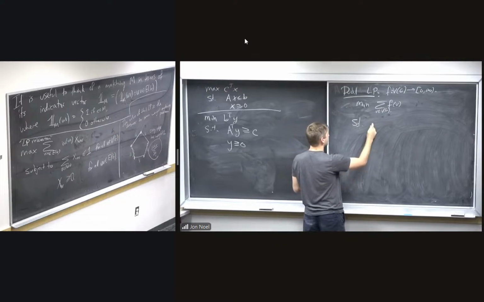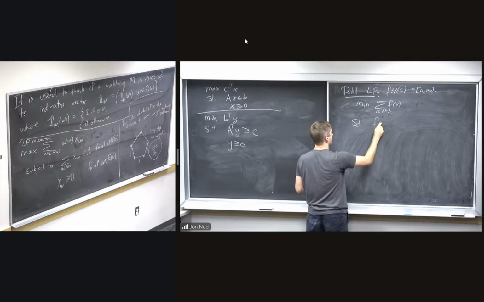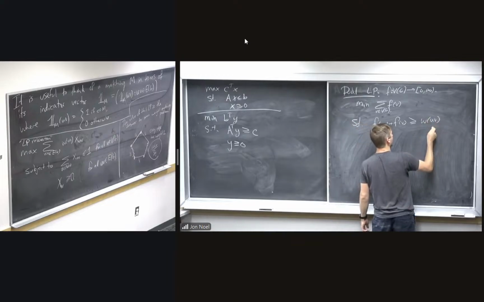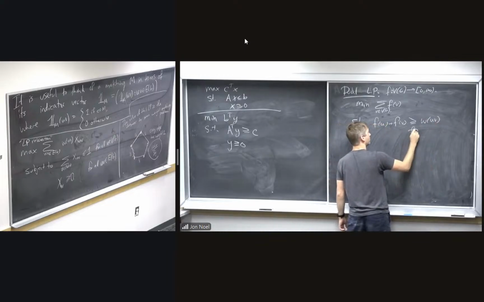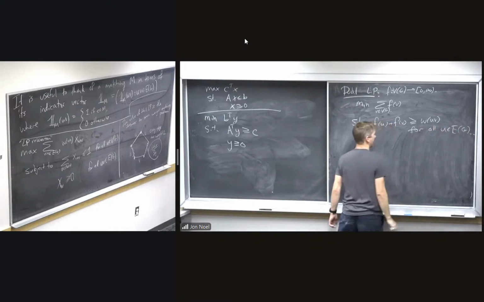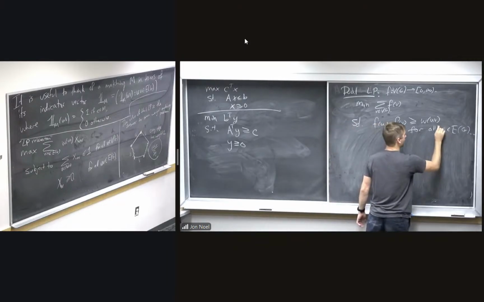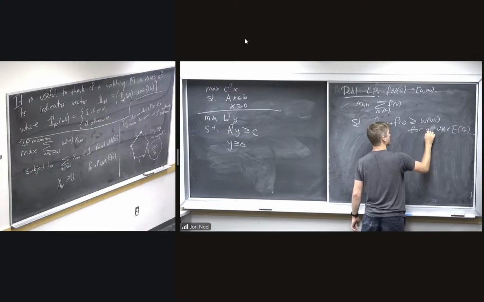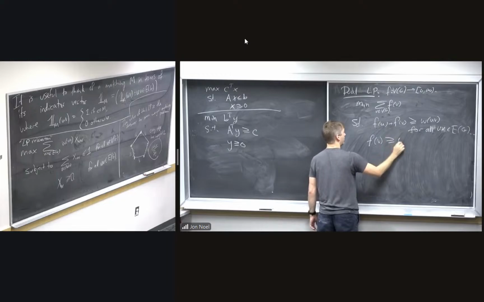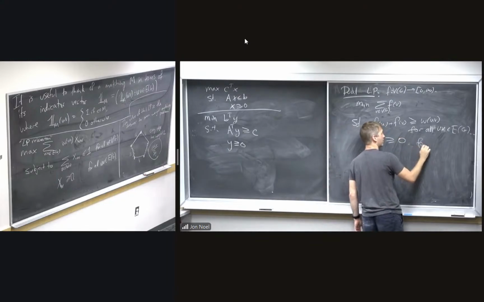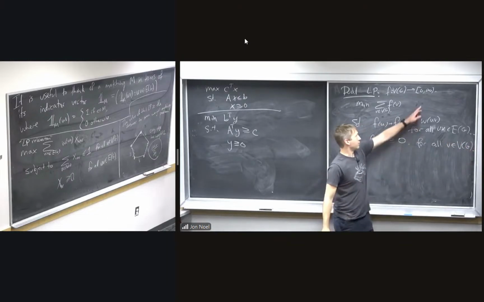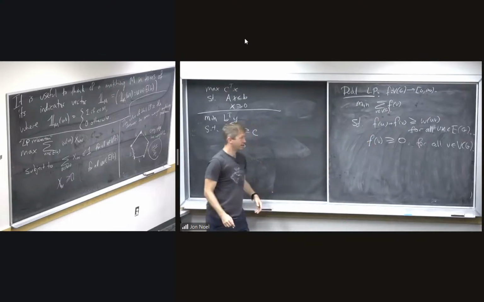And subject to, what it turns out is we're going to want f of u plus f of v is at least the weight of uv for all uv in the edge set of G. Okay, I guess I wrote it up there, but anyway, I can also write it again.